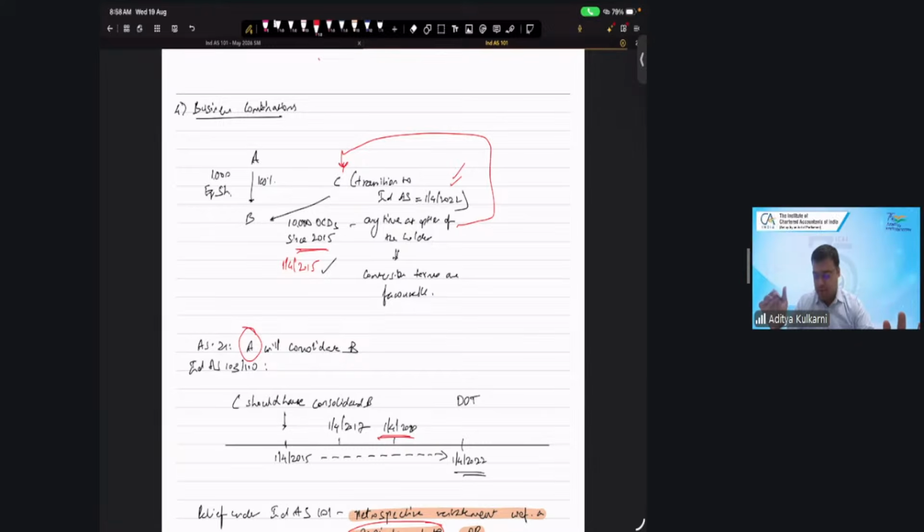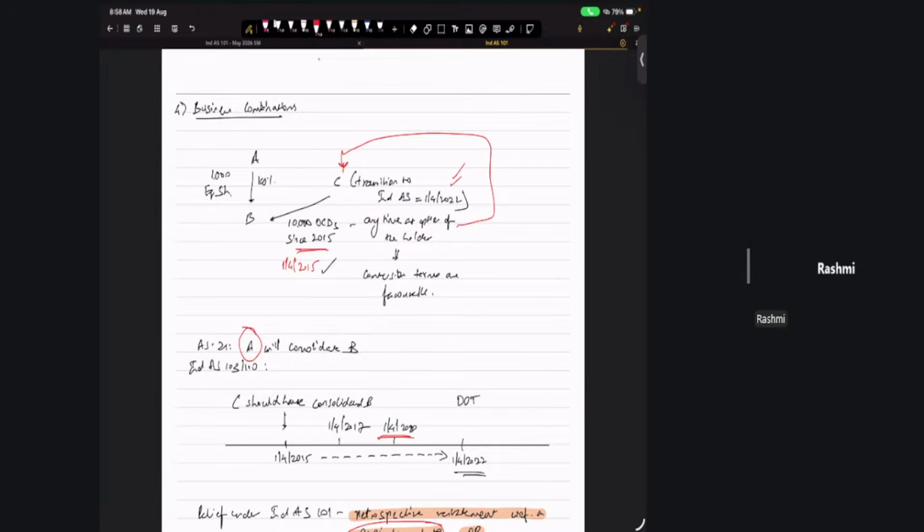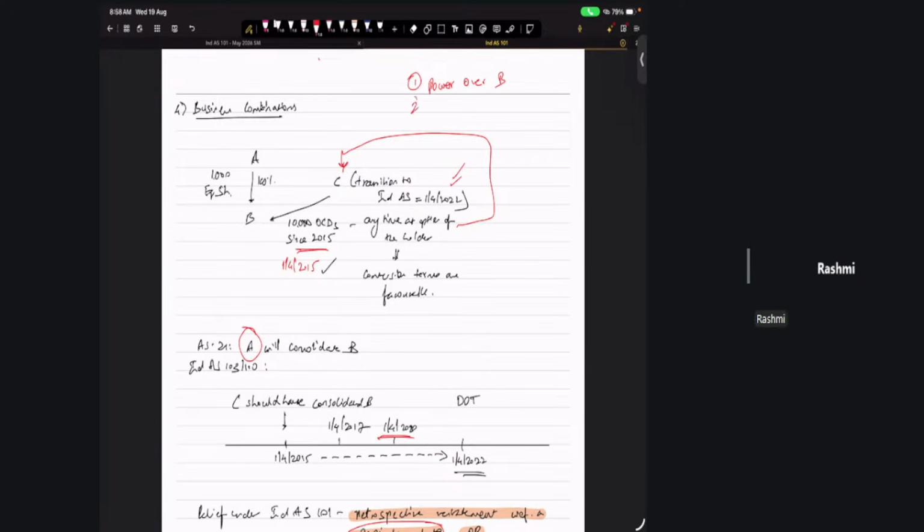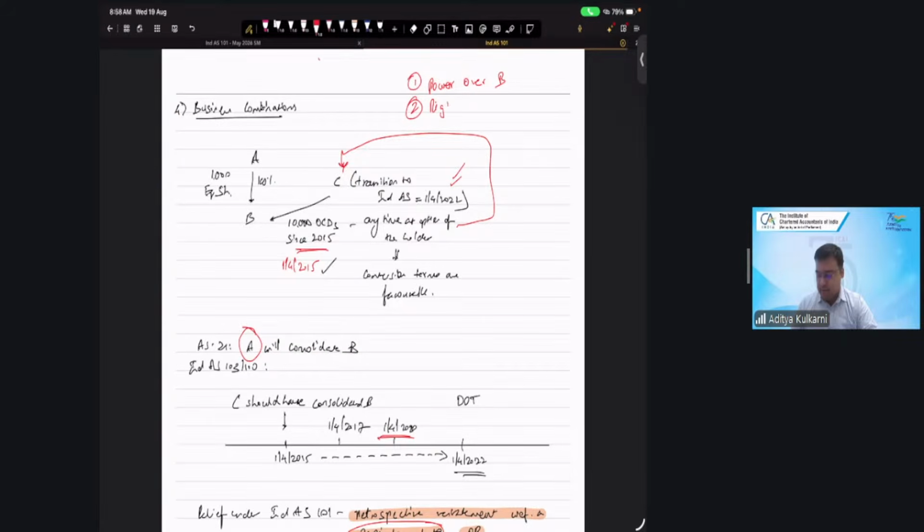Three components, right? C is having power over B first. Second, right to variable returns generated by B.